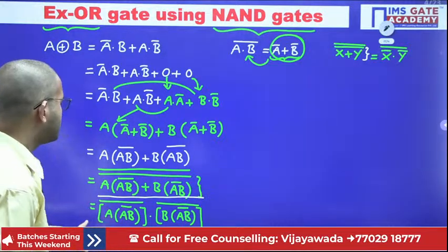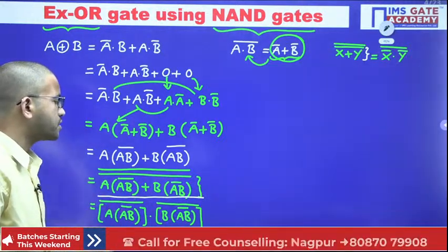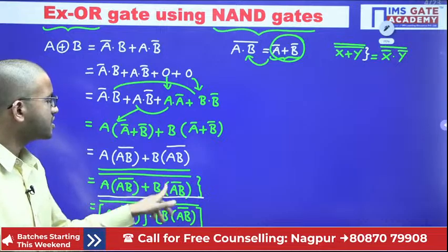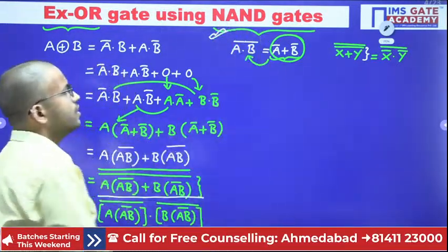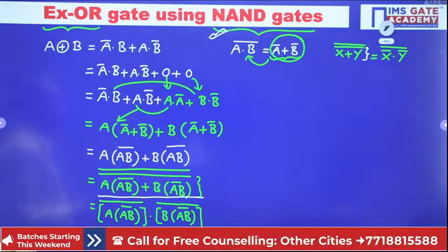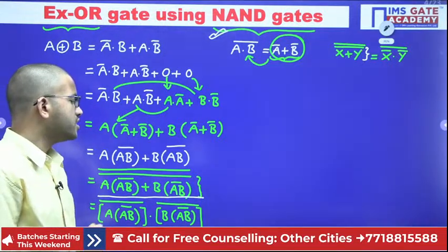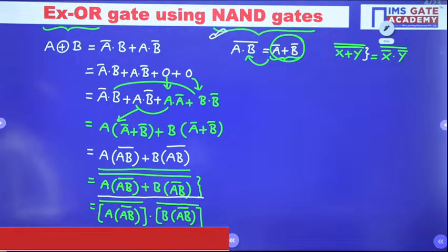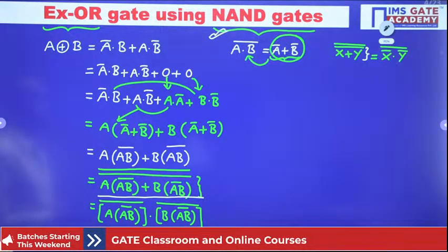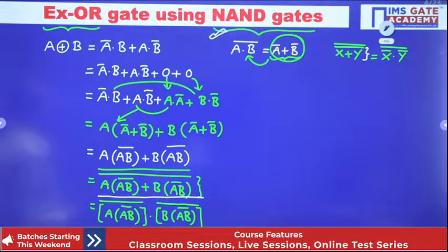So now just look at this particular expression. How many 2 input NAND gates are required for implementing this particular expression? Any guess?